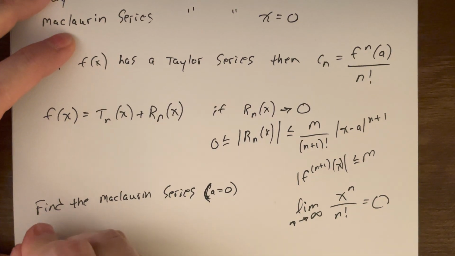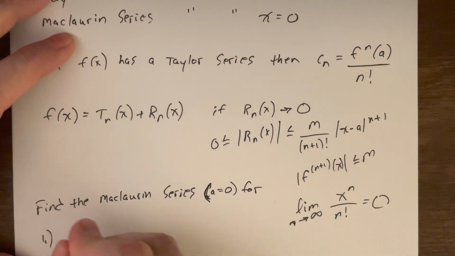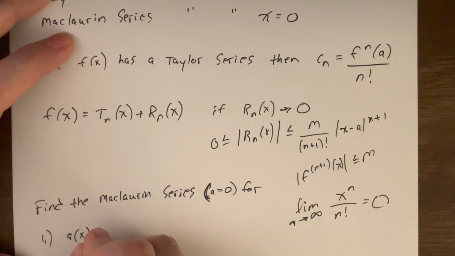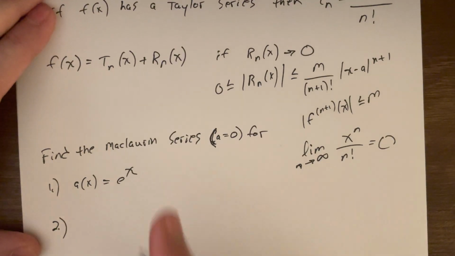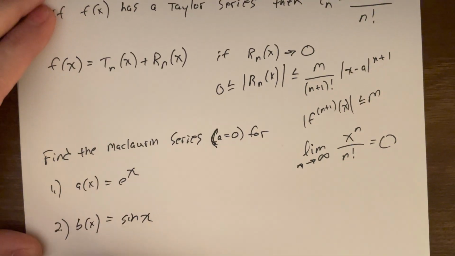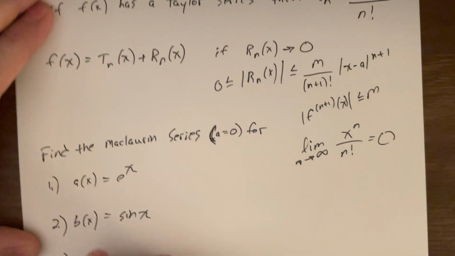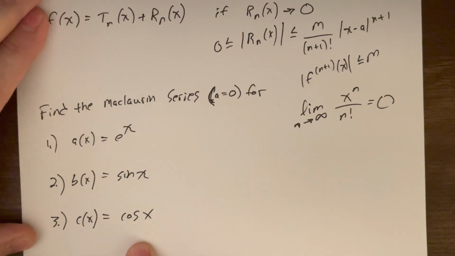Find the Maclaurin series for, we'll do three problems here. Number 1, a of x is e to the x, and 2, b of x is sine x. Actually, while we're at it, 3, let's also include c of x is cosine x.